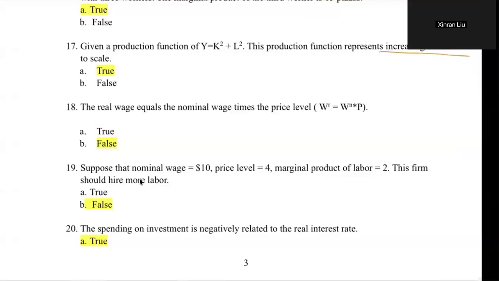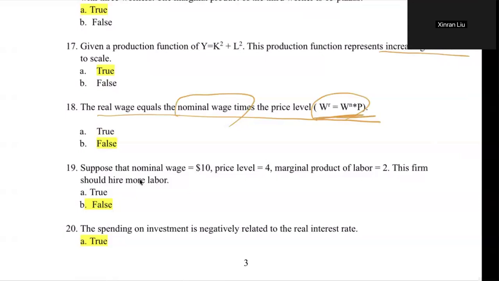And the real wage equals the nominal wage times the price level. So this is not true, because this equation we don't have. Okay, what we have is that the nominal wage equals the wage per hour times the labor hours. But we don't have this one.